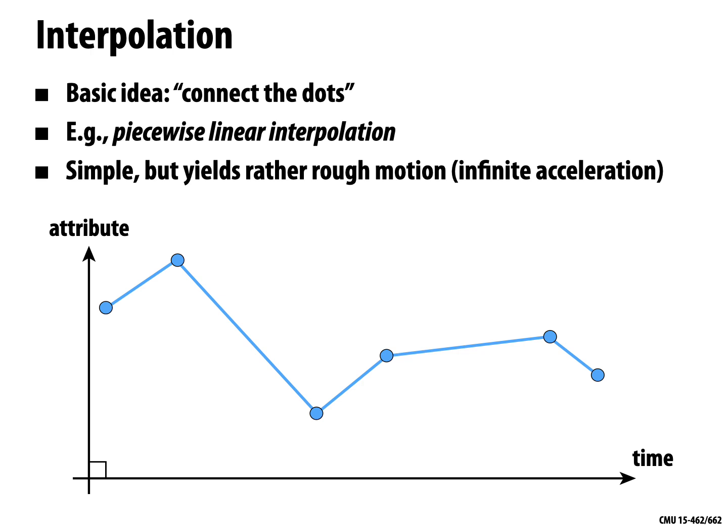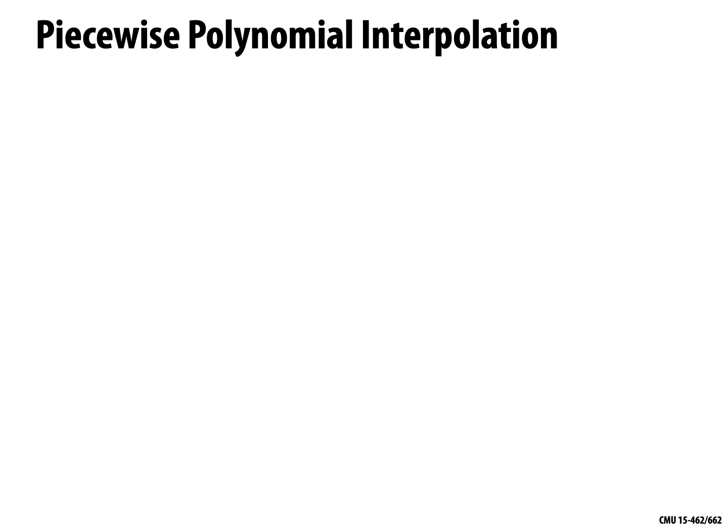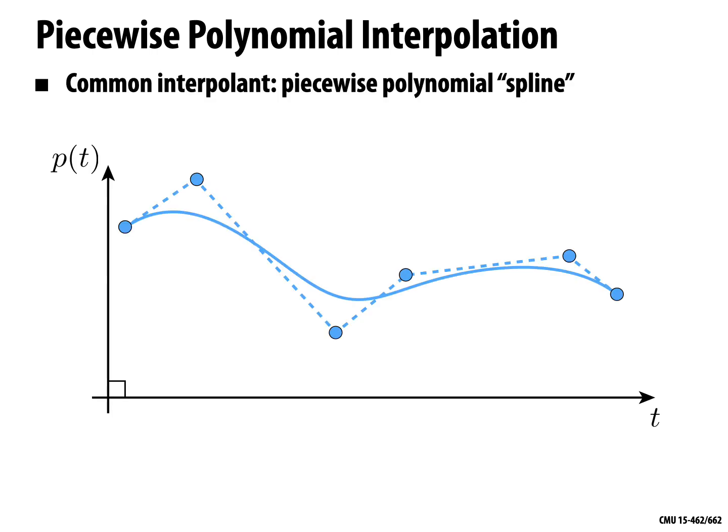So what we can do instead is, there's no reason we have to use piecewise linear functions to interpolate our data points. We could take polynomials, right? So rather than connecting by little linear pieces, maybe we connect by quadratic pieces or cubic pieces that try to interpolate or maybe just approximate a few data points. Okay?